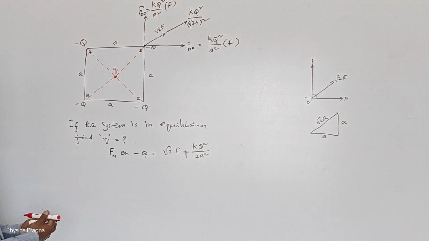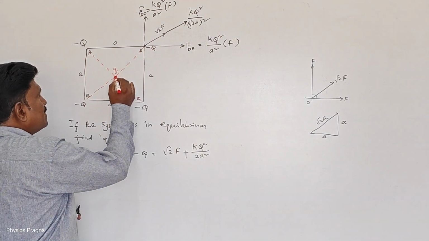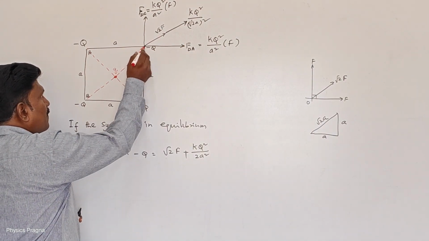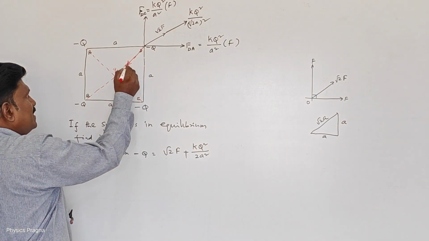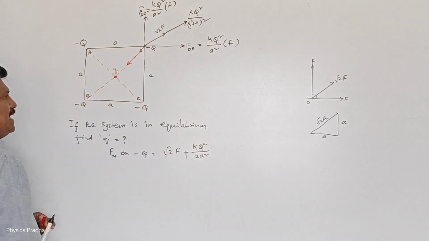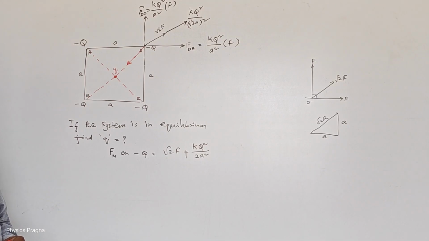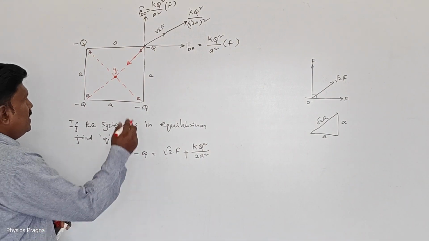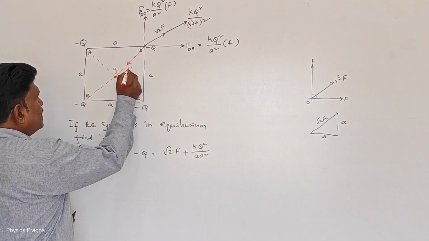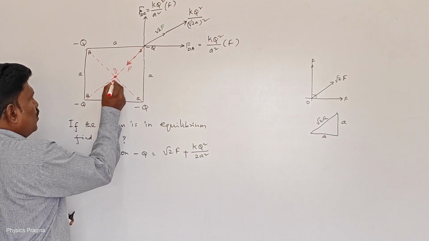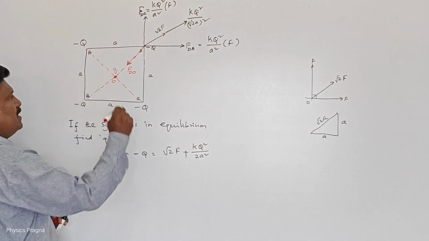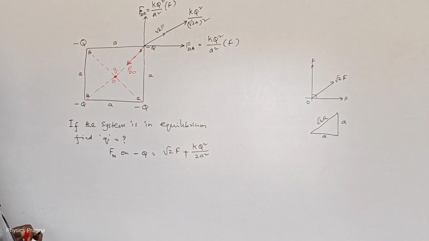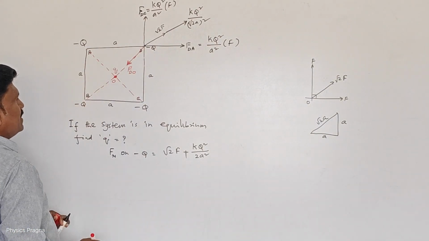Now the system must be in equilibrium. That means this small q must attract this minus Q towards it. Then all forces get nullified and we can reach the equilibrium point. So here, I'll give this some name, O. The force on D because of the charge at O must be in opposite direction.